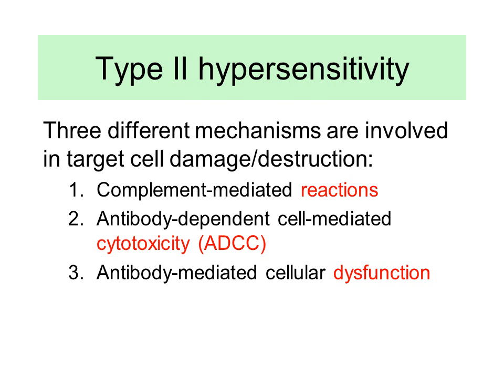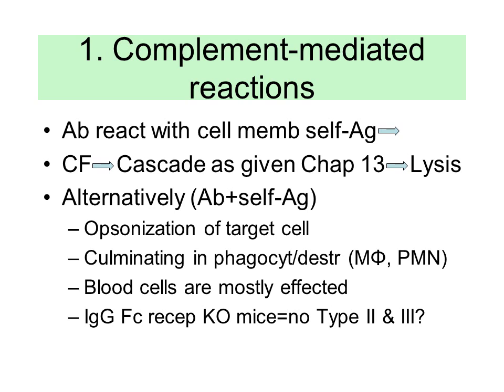Now let's talk about complement-mediated reactions. And those of you who were there in that lecture, the whole idea was that there are antigens on the cell membrane of your own cells. Remember, complement is good to take care of foreign invaders like bacteria, but this time the antibodies react with the cell membrane self-antigens.